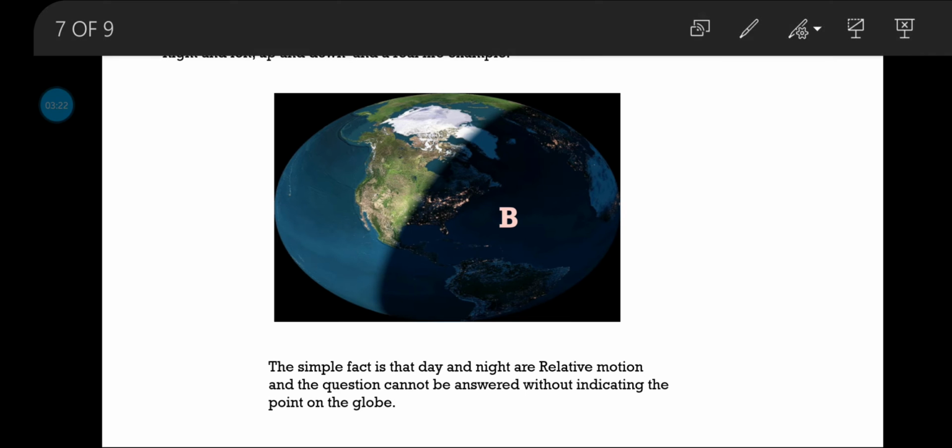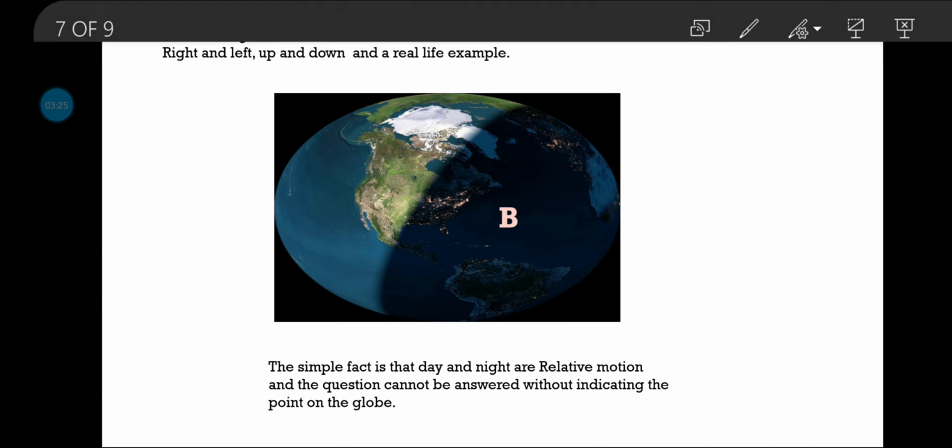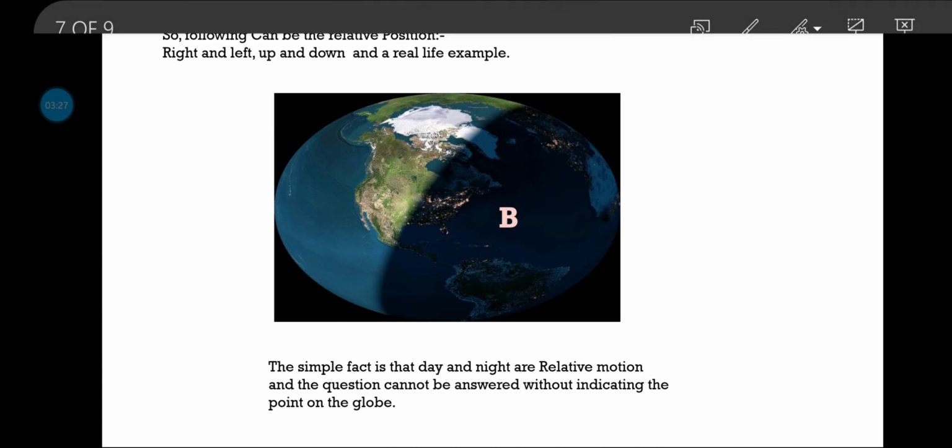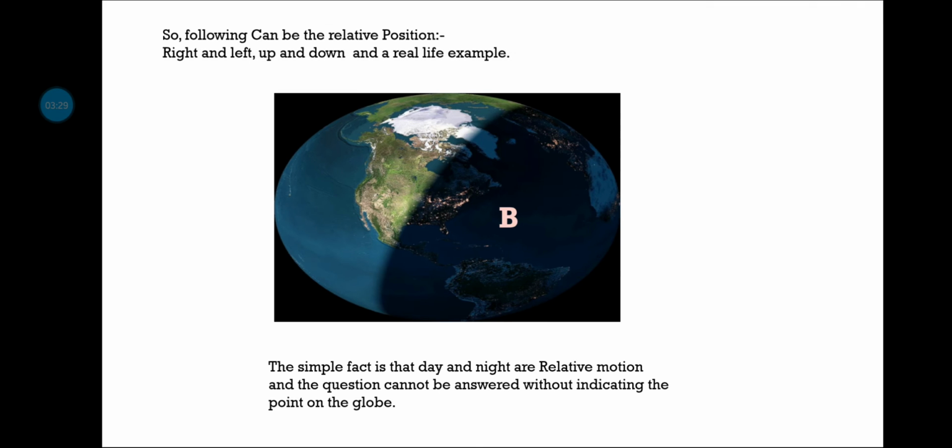Like I have put A on the day part, B on the night part. The simple fact is that day and night are relative, and the question cannot be answered without indicating the point on the globe.